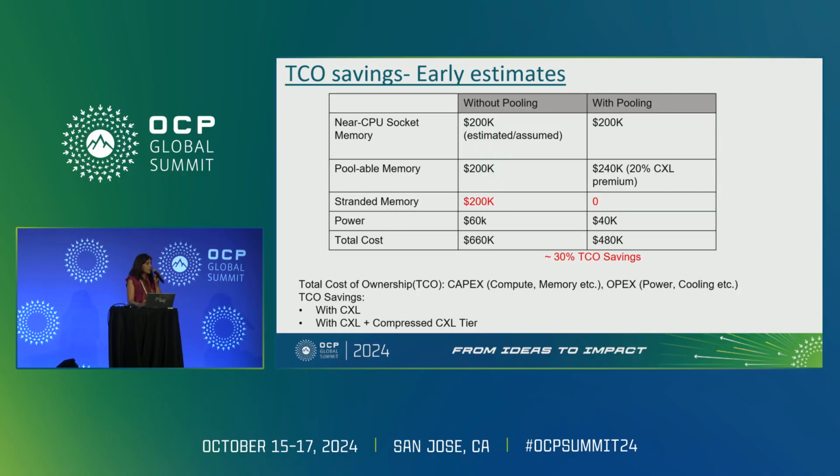But because we are minimizing and mitigating the stranded memory, with pooling the stranded memory could go down to as low as 0. With power absorptions of roughly 60K and 40K in the two scenarios, the total cost comes out, and we see almost 30% TCO savings at the higher end with pooling, which is pretty impressive. And again, like I said, there are TCO savings with CXL, and then further TCO savings with a compressed CXL tier.